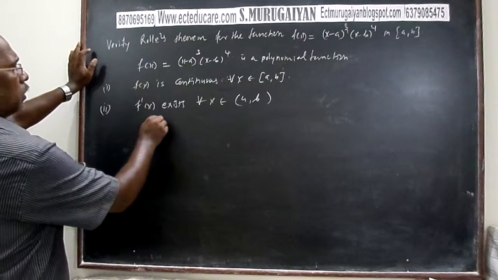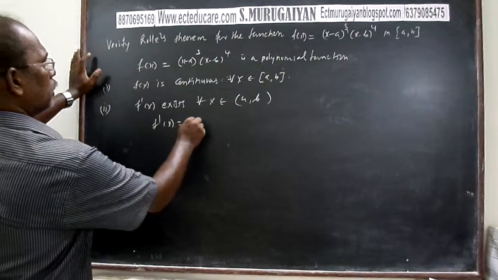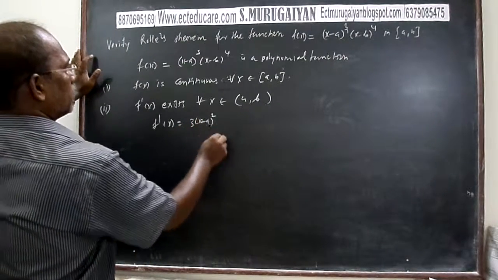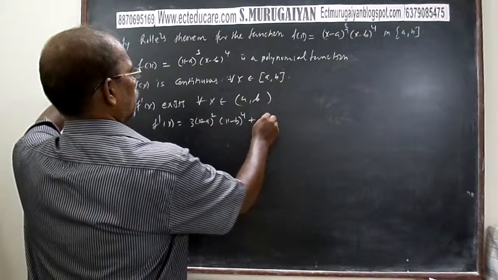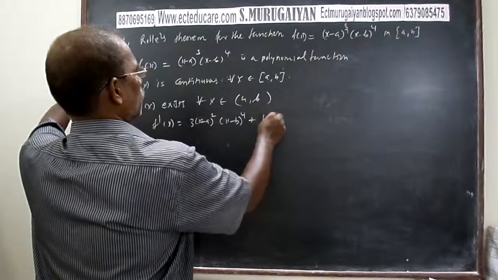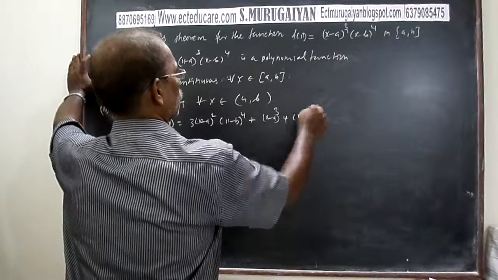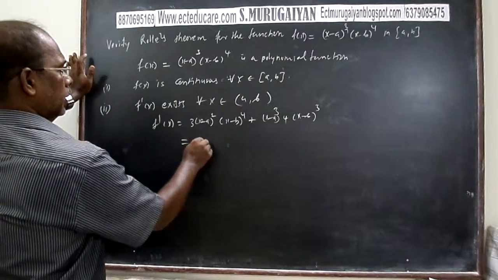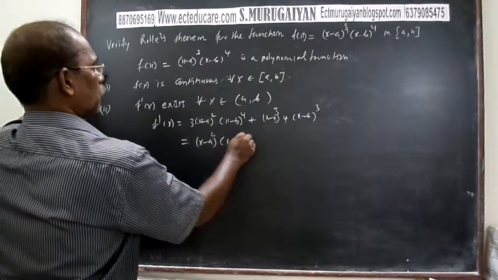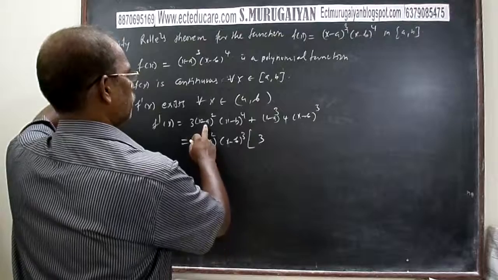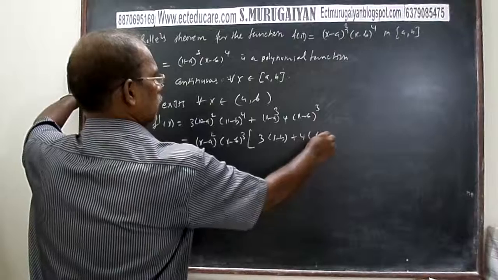then you can find f dash of x by applying the product rule between these two factors: 3 times (x minus a) the whole square and (x minus b) the whole power 4, plus (x minus a) the whole cube times the derivative of the second factor, 4 times (x minus b) the whole cube. Taking common factor (x minus a) the whole square and (x minus b) the whole cube into 3 times (x minus b) plus 4 times (x minus a).